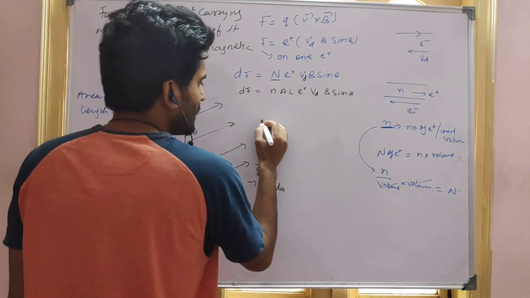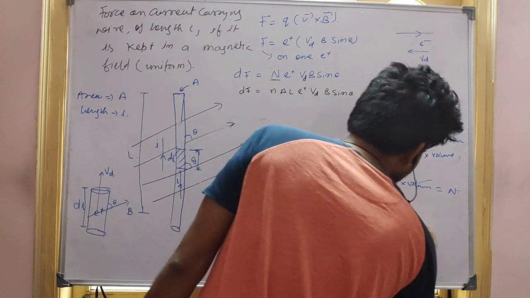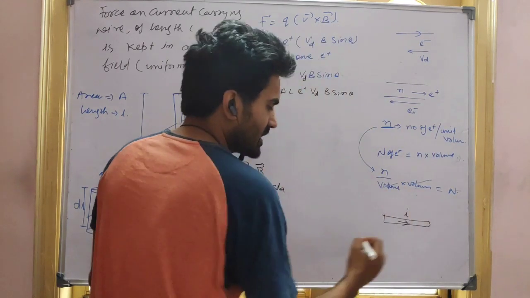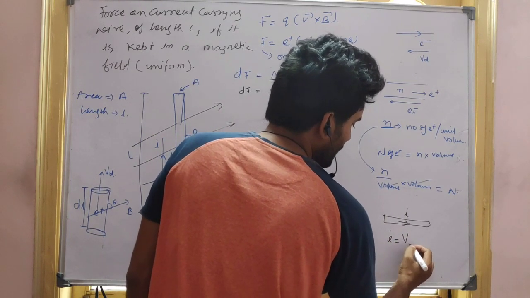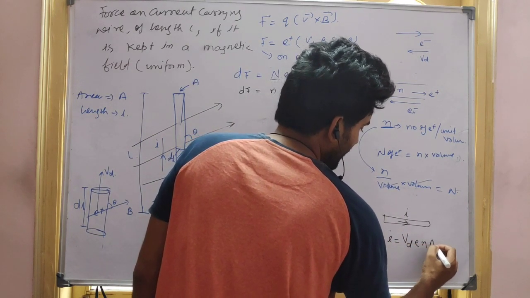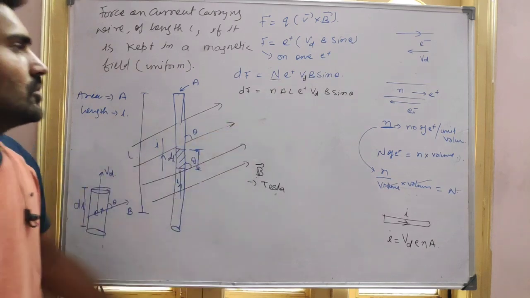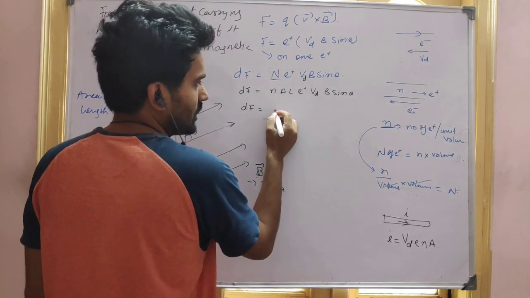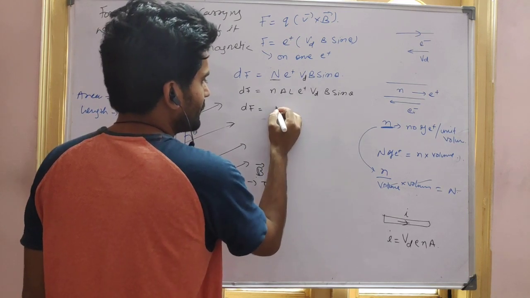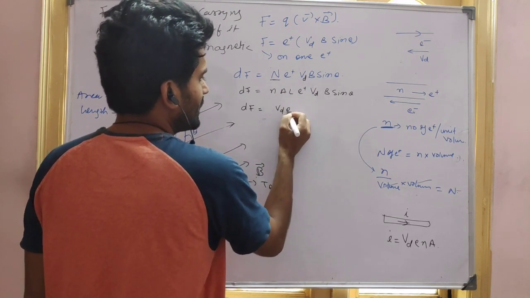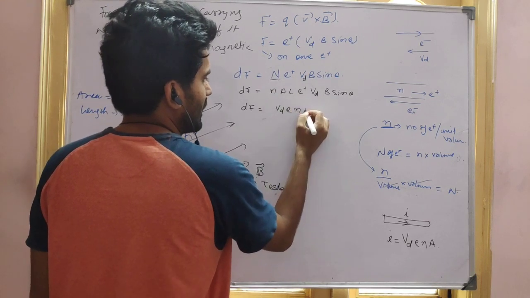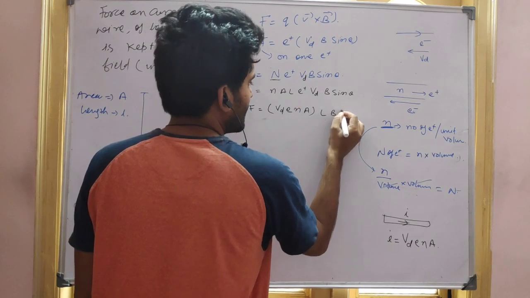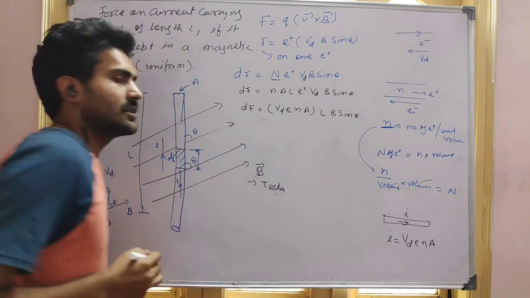And we know very well, if there is a current in a wire like this, that I is equal to V_d e n A. So if you see, we can arrange this equation in this term like V_d, e, n, A, and we can write L B sin theta, right?